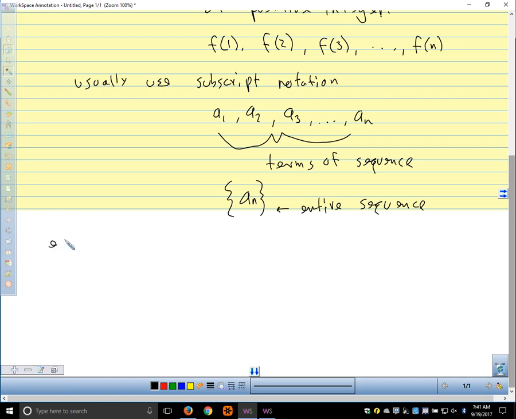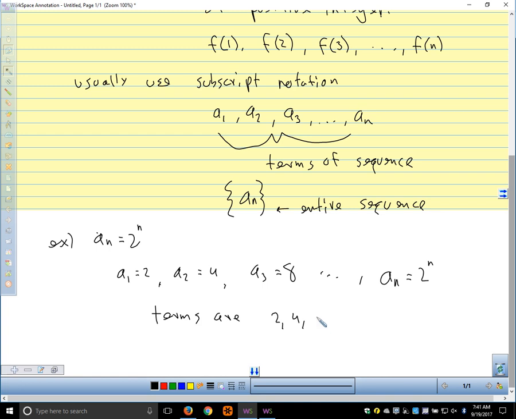Just as a quick, easy example, we could say a sub n equals 2 to the n. So a1 equals 2, a2 is 4, a3 is 8, dot, dot, dot, and a sub n is 2 to the n. So our terms are 2, 4, 8, dot, dot, dot.